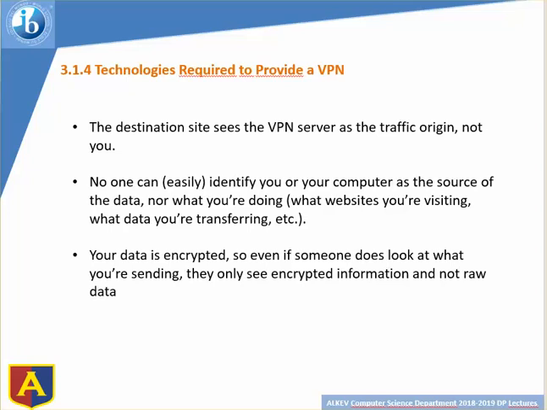The third one, your data is encrypted. Even if someone reaches the data, all they get is encrypted data, which they cannot use. So using a VPN is safer than connecting to the internet via traditional ways.